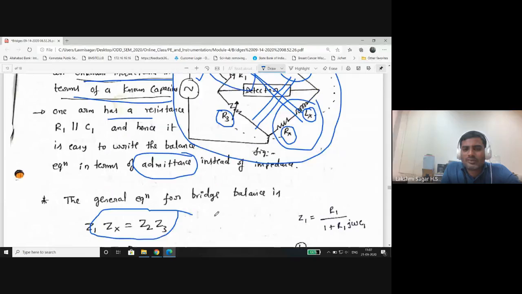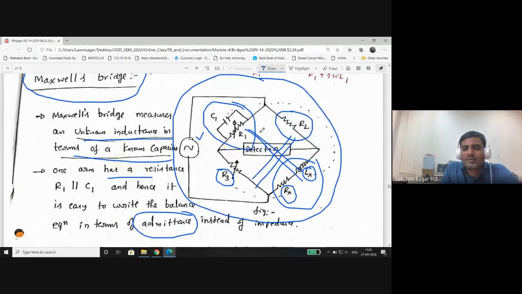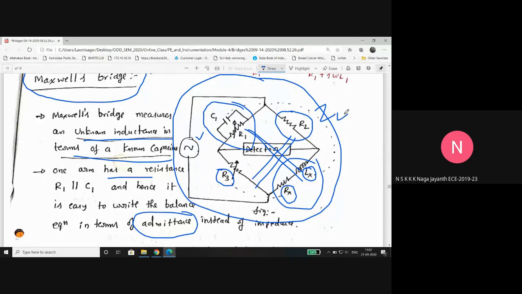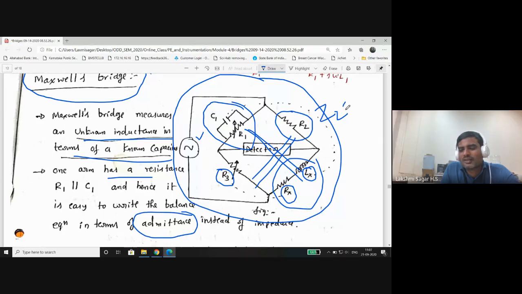So now you represent each arm of the bridge network in terms of impedance. Directly you can write Z2 is equal to, what is Z2 here? R2. Correct. Z2 is equal to R2. Yes, like that you have to respond. Next, what is Z3 here?